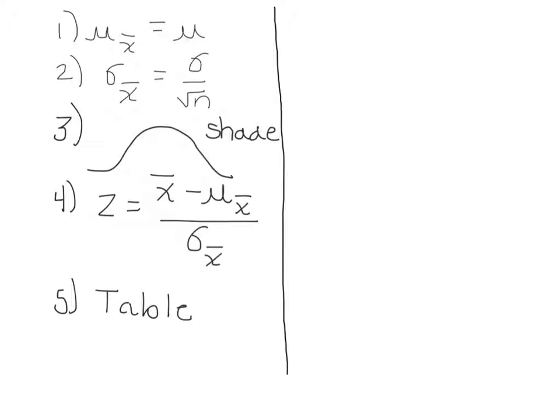It says about 77% of all female heart transplant patients will survive for at least 3 years. So they're basically telling us that in the population of all females, the percent of those that have heart transplants that survive for 3 years or more is 77%.